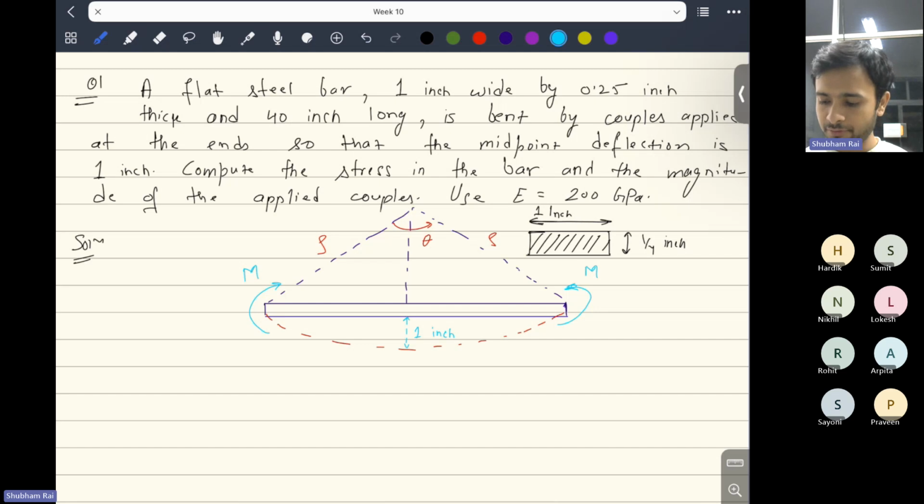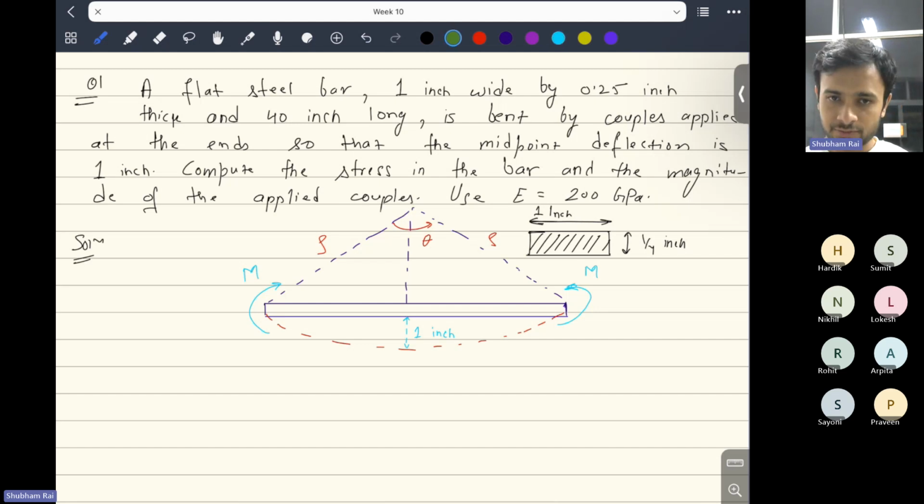In this case, we will try to find this radius of curvature rho. Once we have it, we can apply the formula of pure bending, which relates radius of curvature, applied moment and the stresses. From there, firstly we can find the applied moment, and then we can find stresses. How will you find the radius of curvature? From the geometry we can find it out.